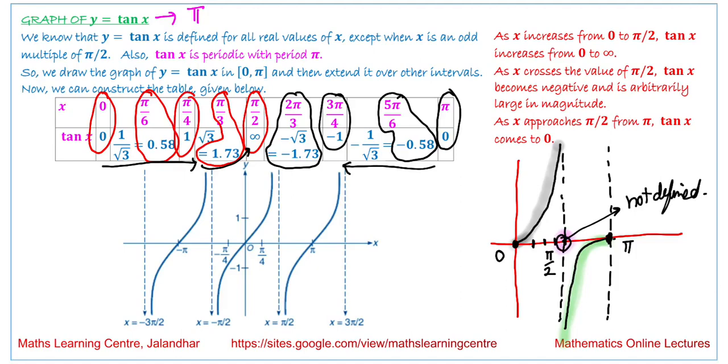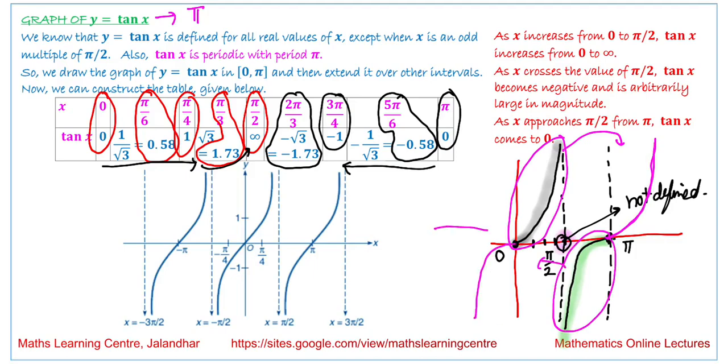Now further, we know that this function is periodic with period pi. So the next thing we have to do is plot this portion over here. The graph will be like this, and if we move towards this side, this will be plotted in this way.